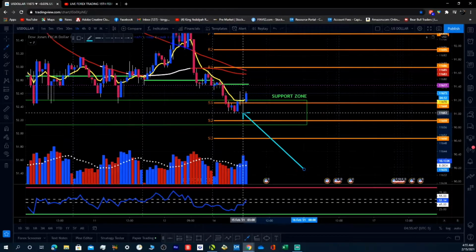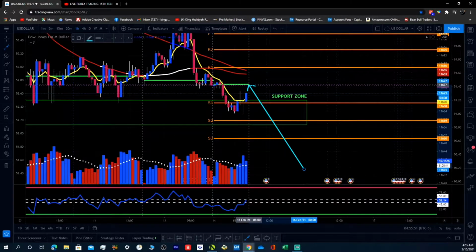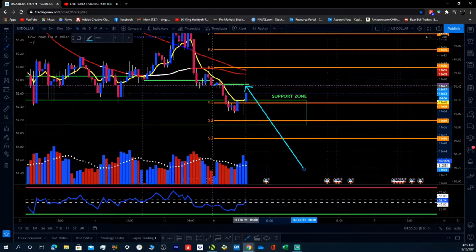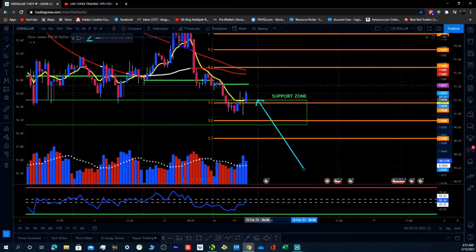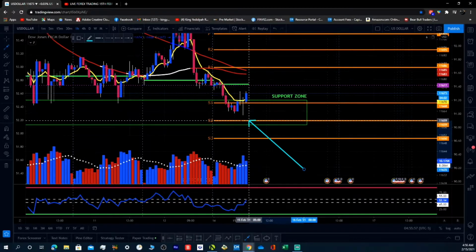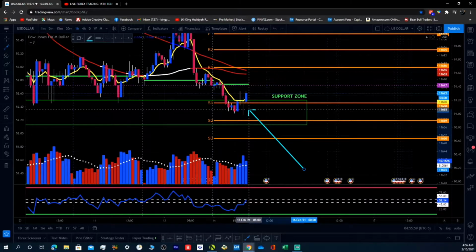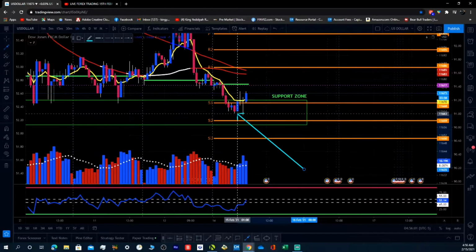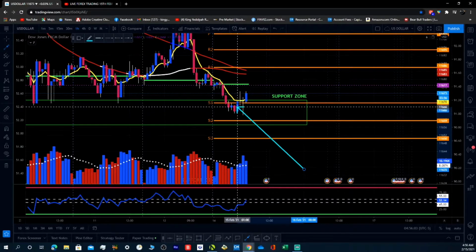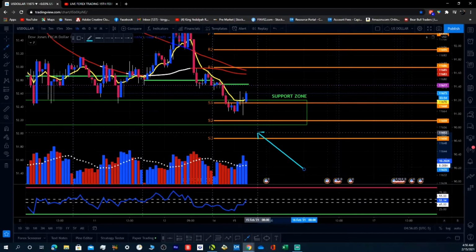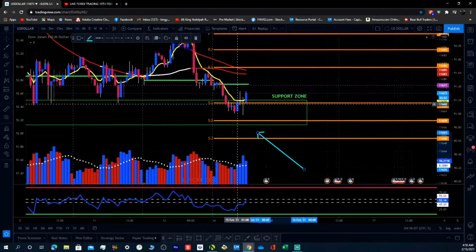So maybe it's created a bottom here, who knows. Maybe it's going to come back to this green line, the volume point of control, and then push lower. So I don't know what's going on with it right now, if it found support or not. That's not really good for my trade if it's moving up, but that's what's up with that right now.